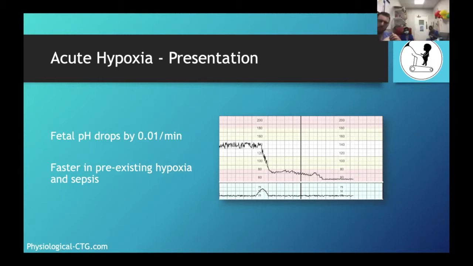Thank God they managed to get there in time. Thank God the baby was fine. But the reality is, it only had 7 minutes to drop this pH that far. How do I know that it dropped it that far? Because I looked at the venous as well. Does that make sense? Are we still there? Yeah. Yep.